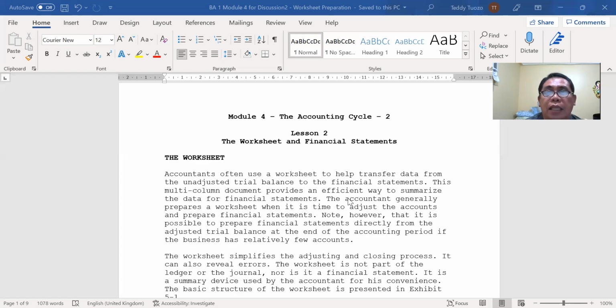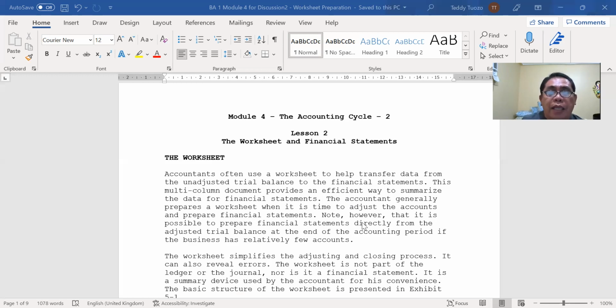So the one that doesn't have any adjusting entries yet is our unadjusted trial balance. Again, the adjusted trial balance is the unadjusted trial balance plus or minus the effect of the adjusting entries. And then the trial balance is what we now call the adjusted trial balance.